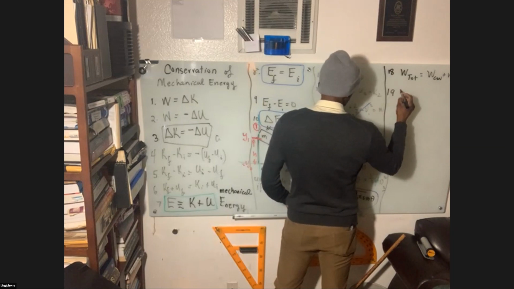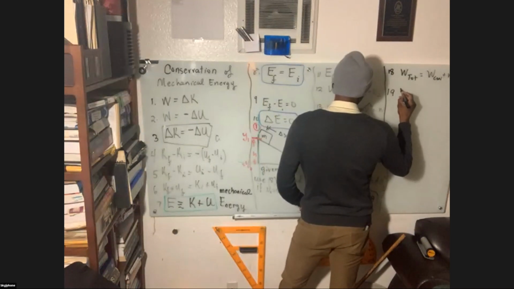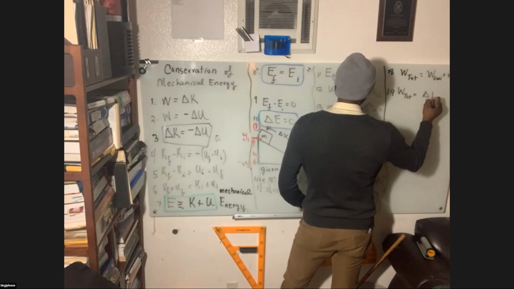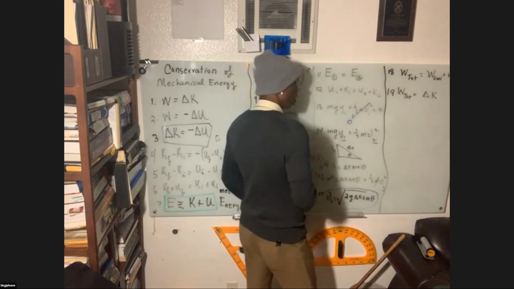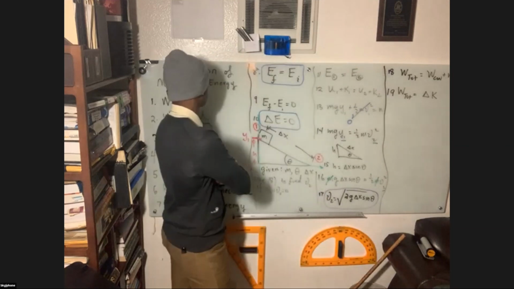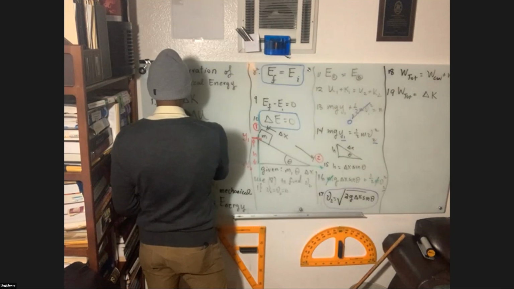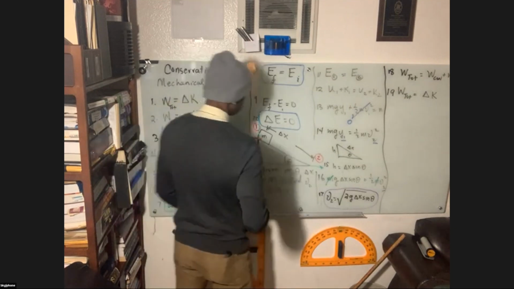So we can write the work energy theorem as work total equals the change in kinetic energy, with the understanding that the total work is equal to work con plus work non-con. Or maybe I should just go back and do that over here so I don't break my rhythm in my derivation.